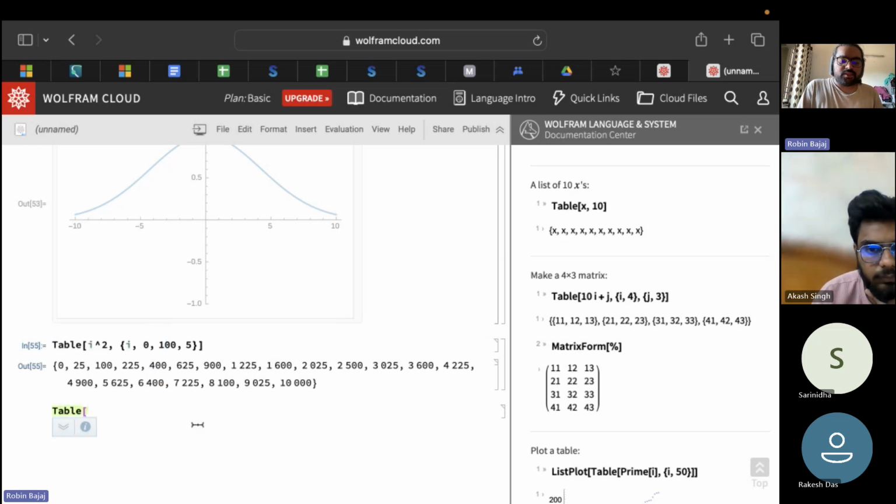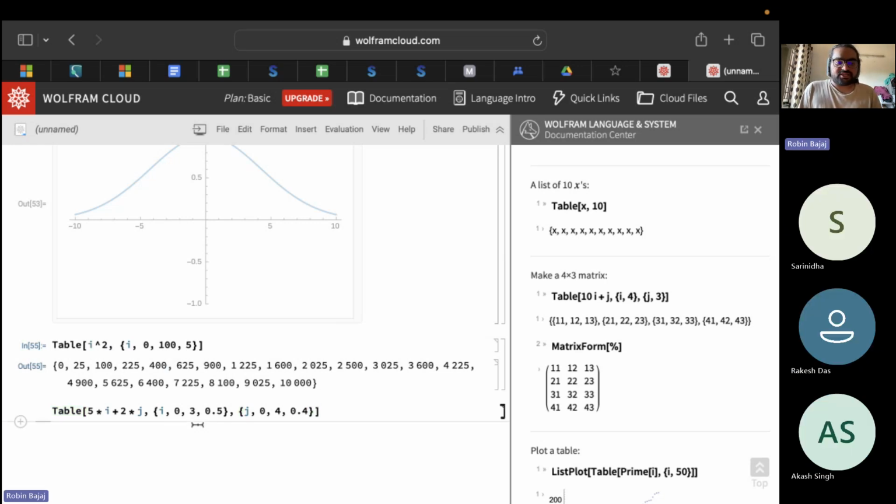So let's say you want to write 5 times i plus 2j, and I want to include i from 0 to 3 in a gap of 0.5, and j from 0 to 4 in a gap of 0.4. I'm doing something random.